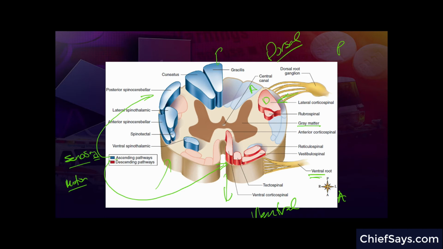The lateral horns also consist of sympathetic nerve bodies that are controlling the sympathetic nervous system and impacting visceral organs along, again, the ventral roots. So the motor control, or the descending pathways, are not just about physical movement, they're also about managing vital signs as well.